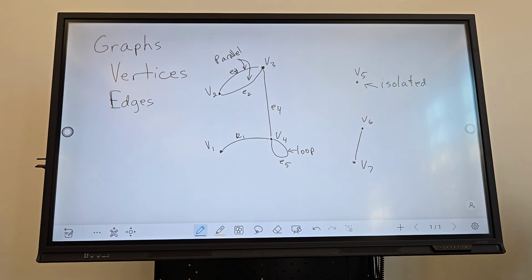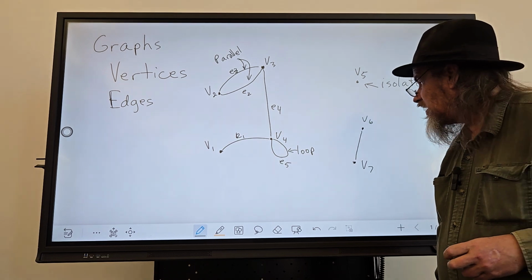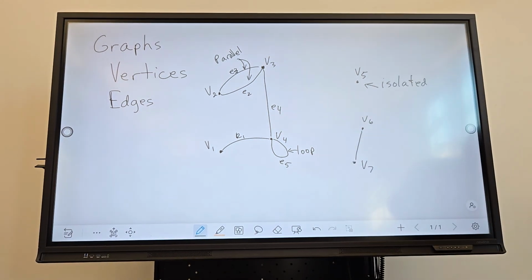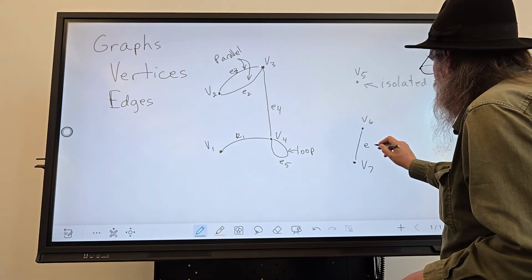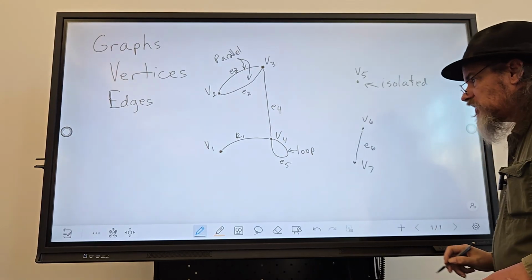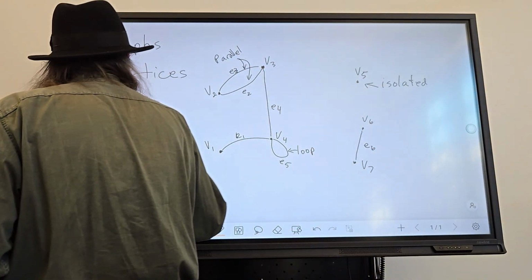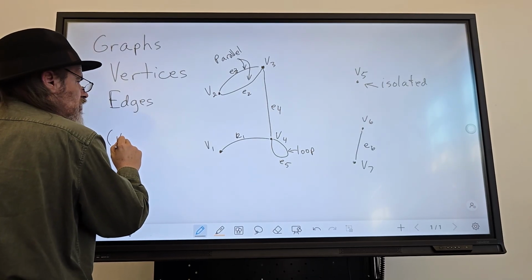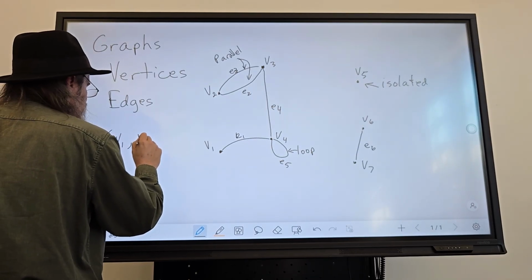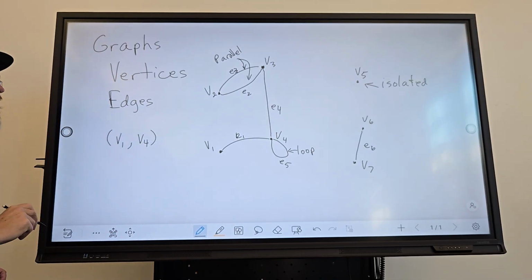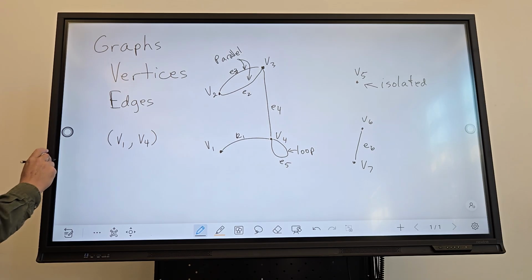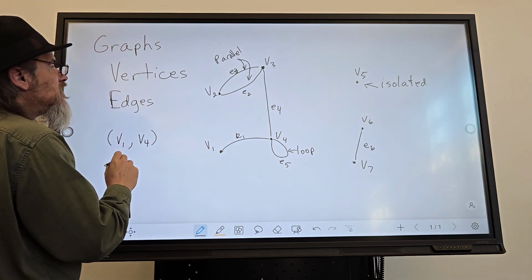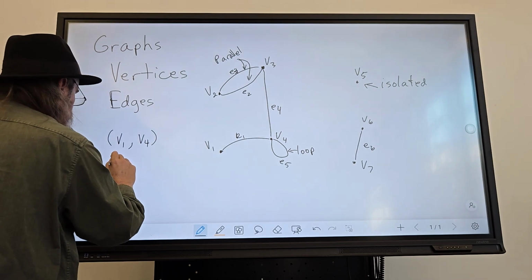So let's look at the edge-endpoint function. This is E6 over here. E1 is V1, V4. E2 is V2, V3.